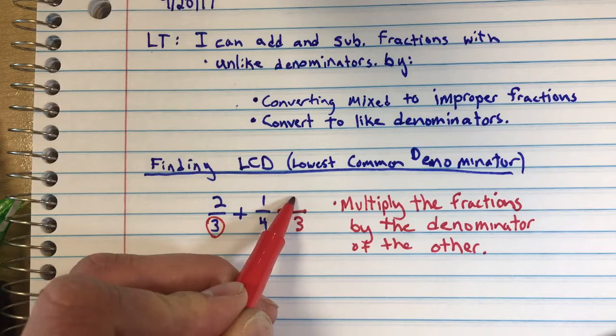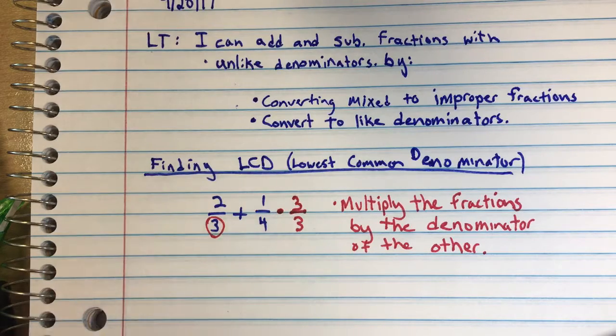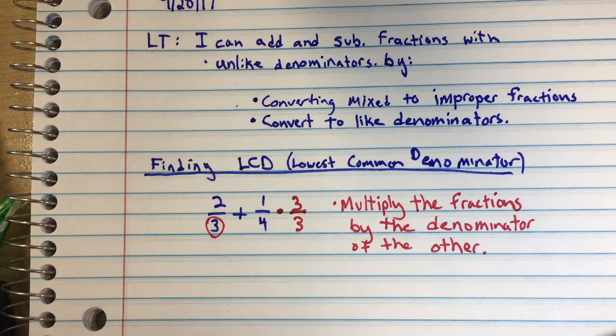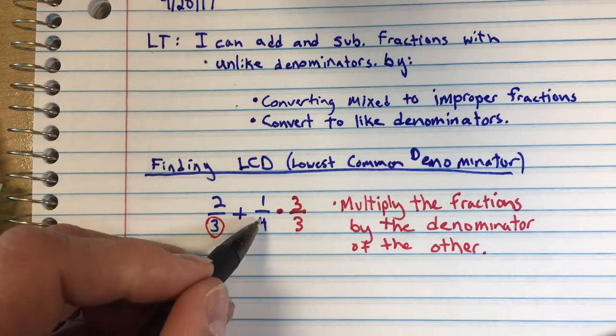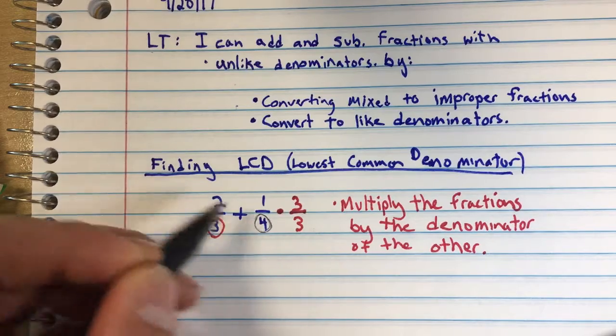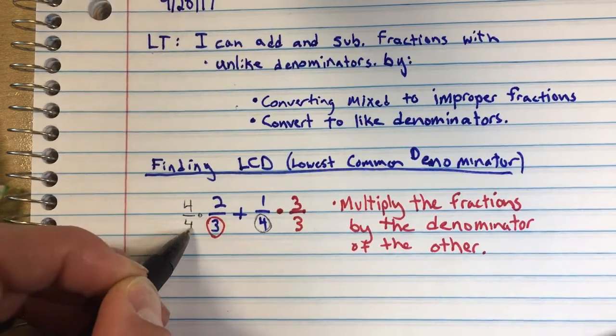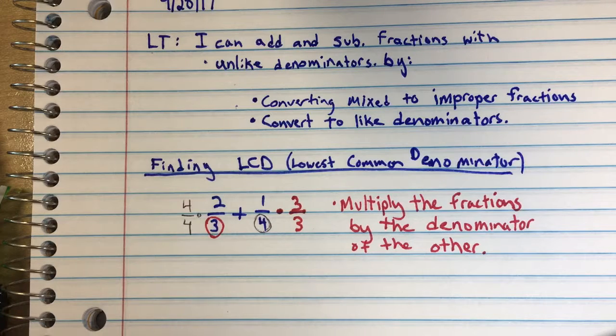And the only way that I can make these fractions the same is to multiply by a 3/3. I'm going to do the exact same thing to the other fraction. So my denominator of 3, I want to multiply it by a 4/4. And what this does is, if you think about fractions as parts of something, or the way I like to think about it as pizza slices, it essentially makes all the pizza slices the same size.